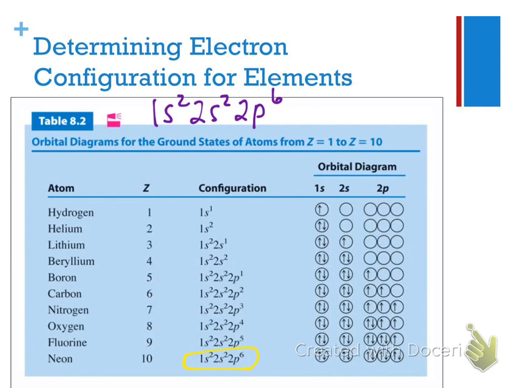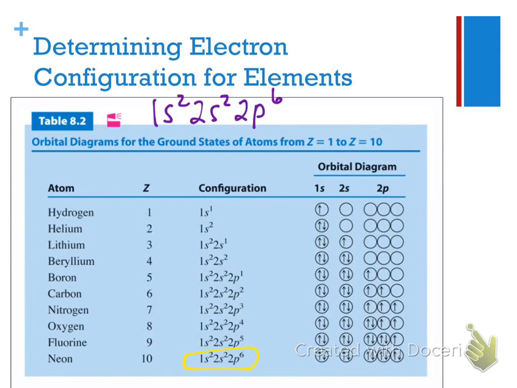Because it's the p block. There are 3 different types of those orbitals, and so total, the p orbital can hold 6. If we really wanted to get specific, we would say px2, py2, pz2, but we're not going to get that specific.